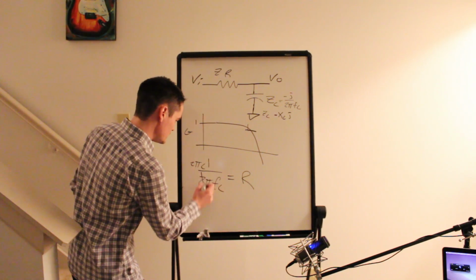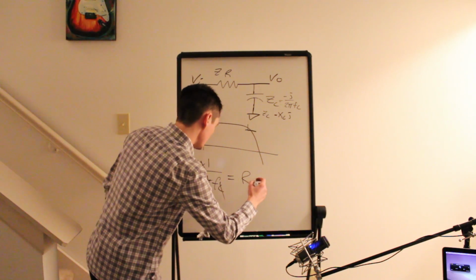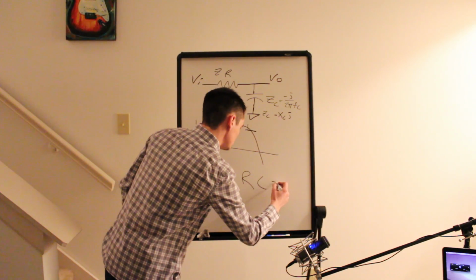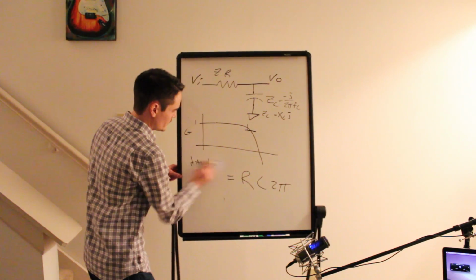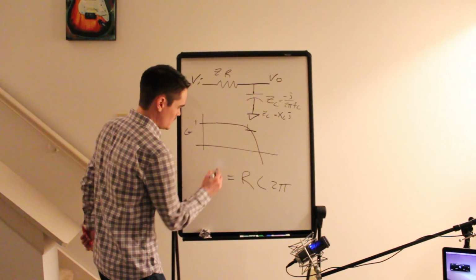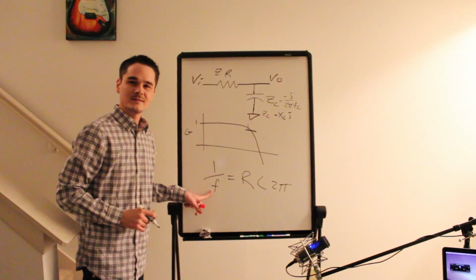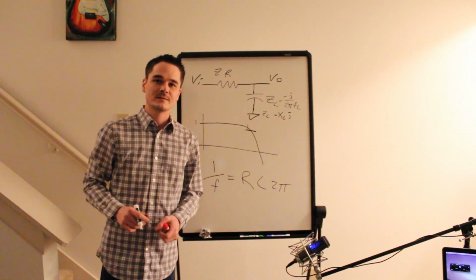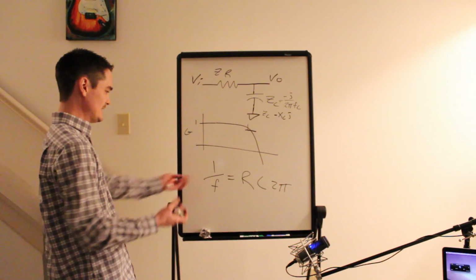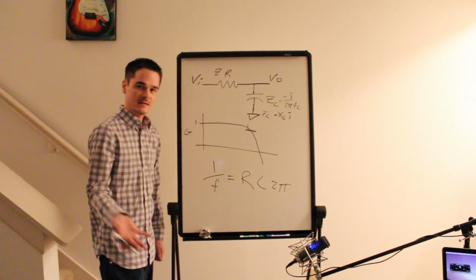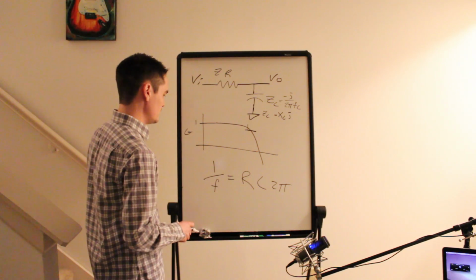Okay, that'll get rid of this, and then we're left with RC 2 pi, like that. I'm just going to rewrite this term, and you're left with 1 over f. What is 1 over f? 1 over f is the period of the frequency, right? It's the time. What is this? We have a time constant now. Okay, so you might have heard something like that.